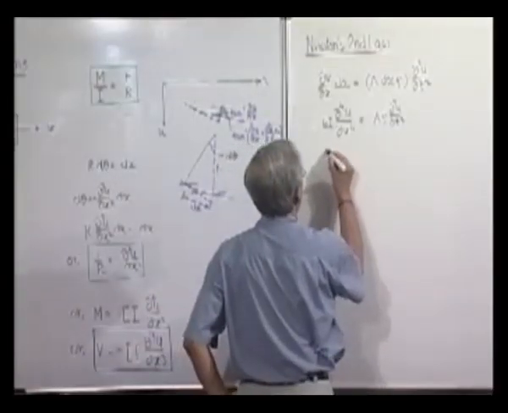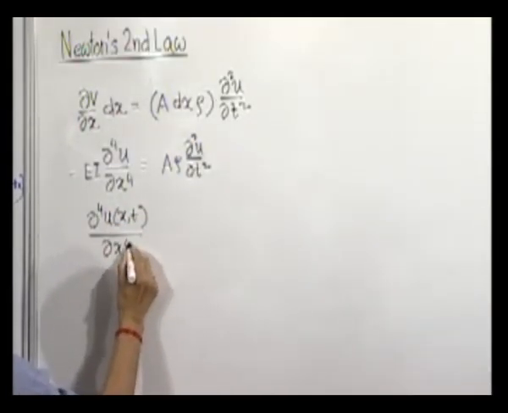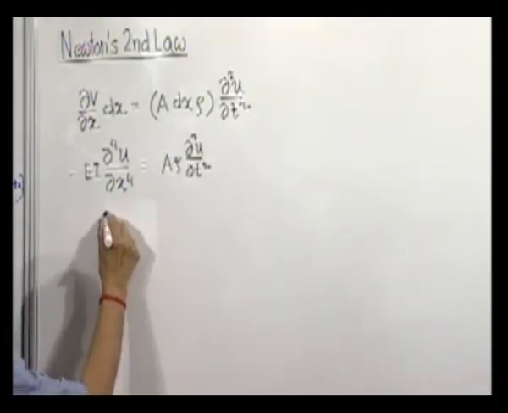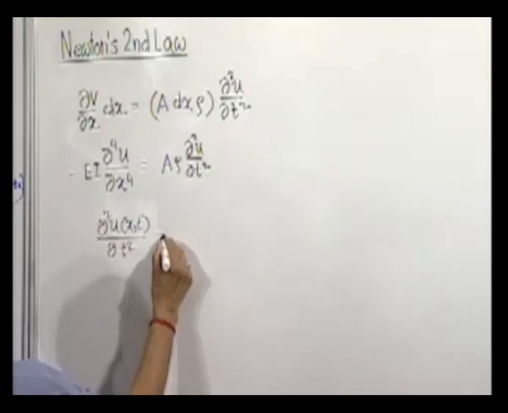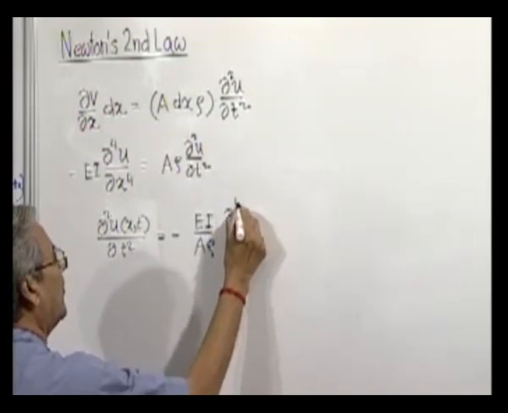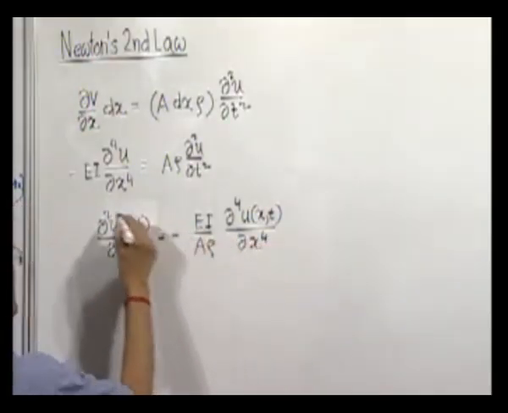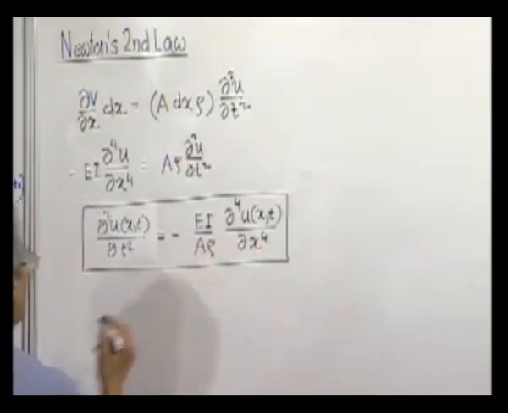So the equation we get now is ∂⁴u/∂x⁴, where u is a function of x and t, or rather I should start from the other side, whatever it is. So this is the equation of motion for the element.